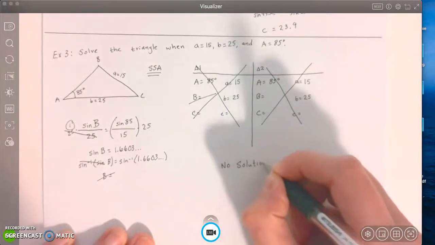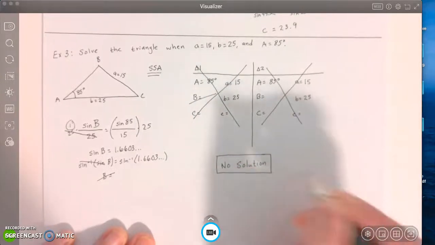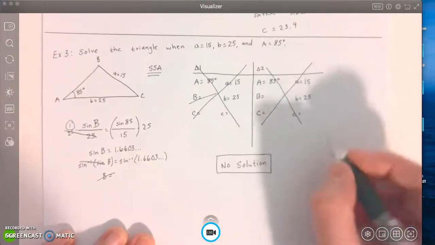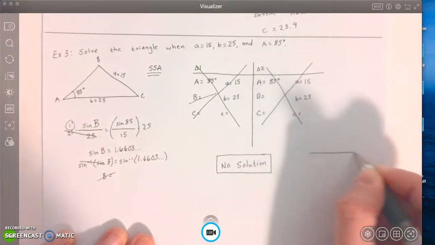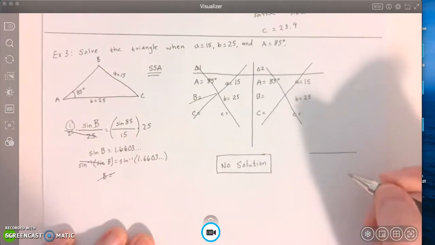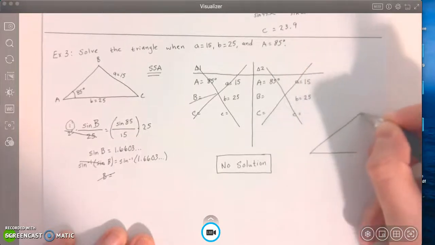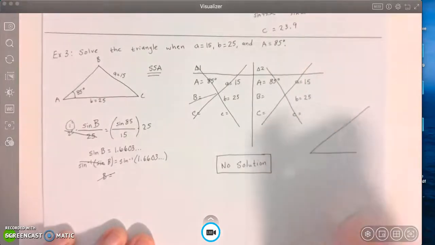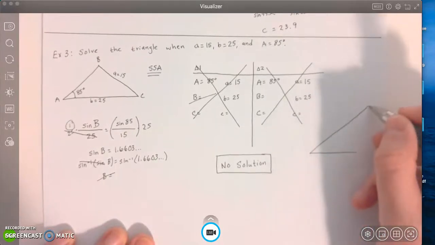What this means is that the information that was given to us doesn't make a triangle. So if I actually drew out a triangle that had a side of, let's pretend, 15 inches, and then I have another side that's 25 inches, and then angle A, which is going to be opposite of the sides, is 85 degrees.